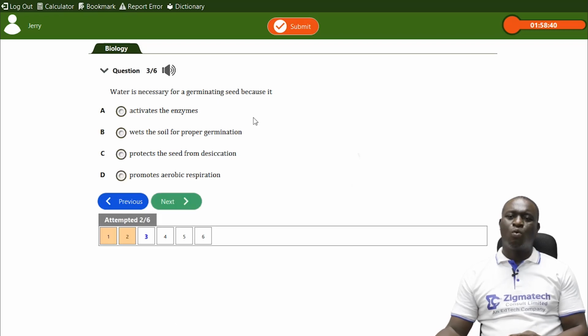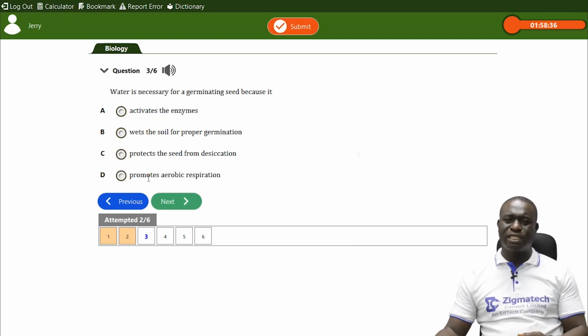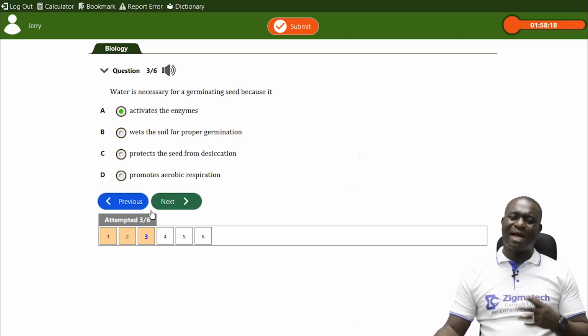And then number 3, water is necessary for germinating seeds because, remember we've just mentioned it, is it because it activates the enzyme? Is it because it wets the soil for proper germination, protects the seed from dissociation, promotes aerobic respiration? Now, water is actually necessary to activate the cell or the enzymes. It activates the cells and also enzymes.